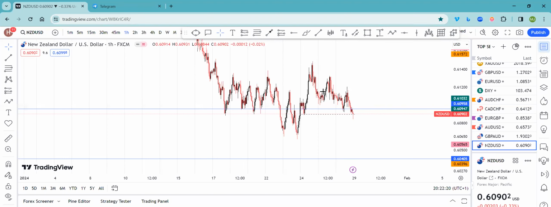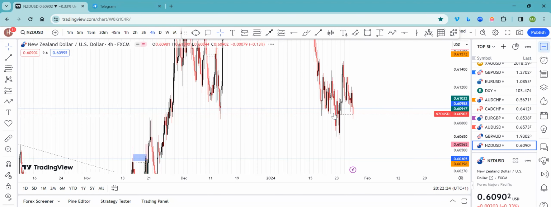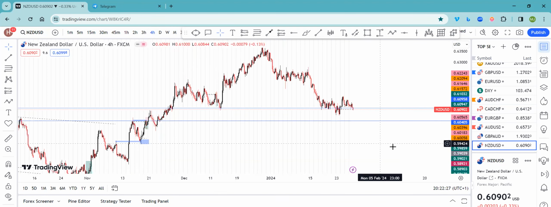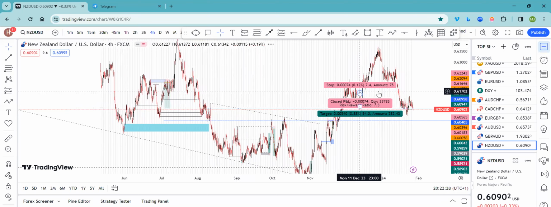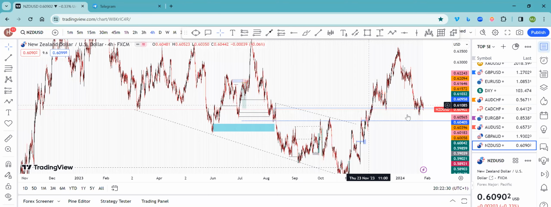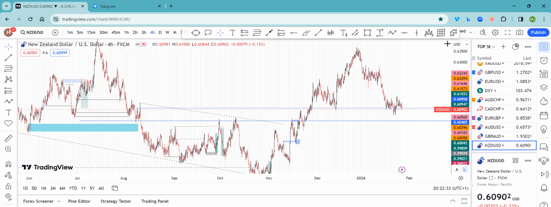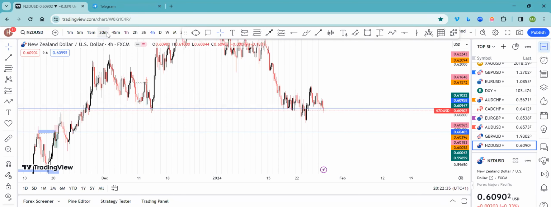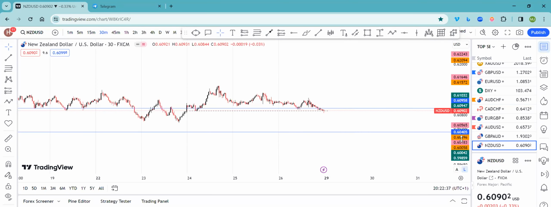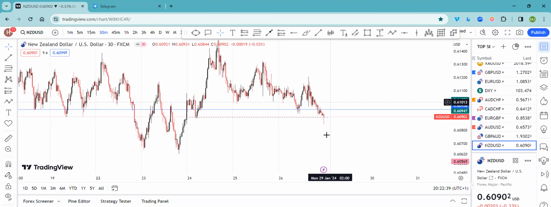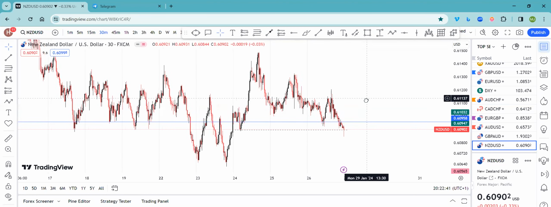So maybe you should just look for a buying opportunity. Since the DXY, we are expecting a sell on the DXY for now. But mind you, we are still very bearish. So maybe you should just look for a buying opportunity with what I'm seeing anyway. If you see a confirmation, you can take a buy to the upside.